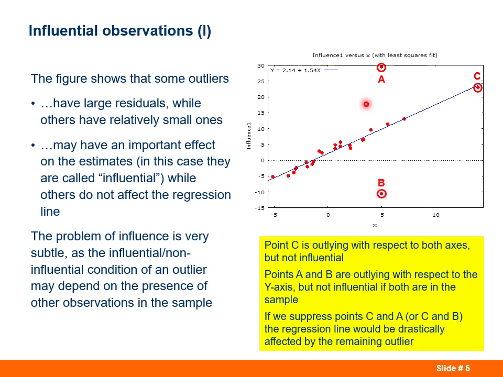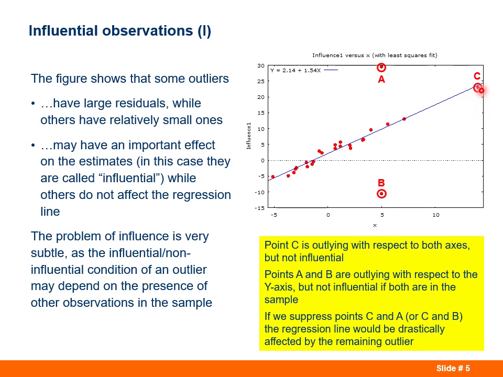For example, if we imagine that A is deleted from the sample, then we would expect the regression line to move upwards. However, if we delete B while keeping A and C, we would expect the regression line to move downwards.